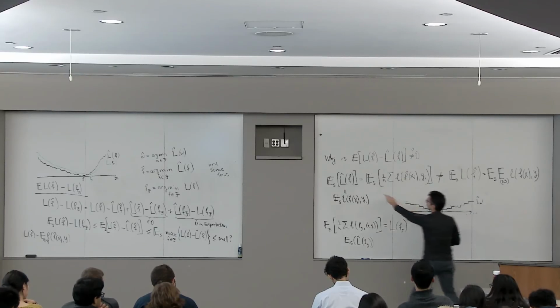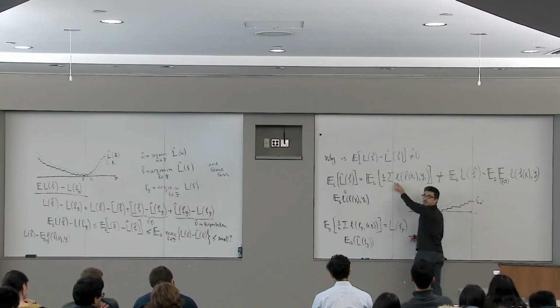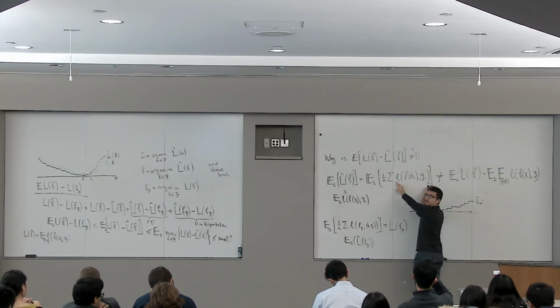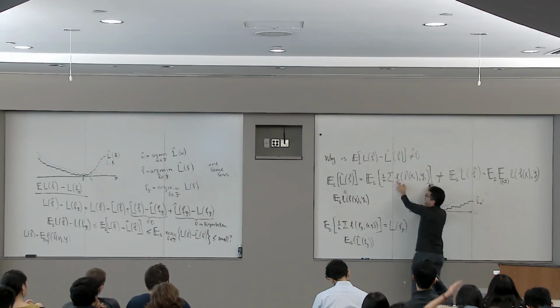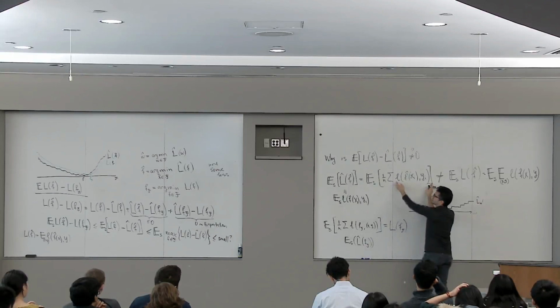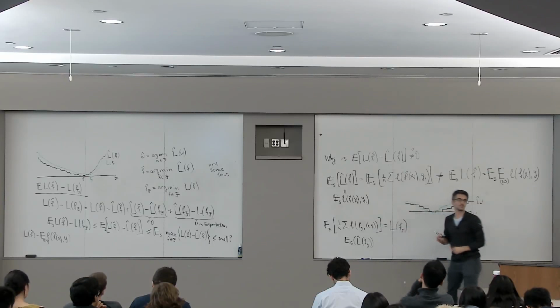So why is this the case? You move this expectation in by linearity of expectation. Now you've got an average of n terms, which are all the same just by symmetry. And now you write it like that, right? That's exactly that, because they're all the same.